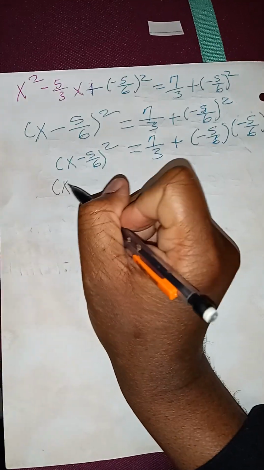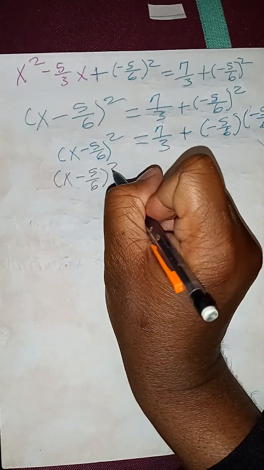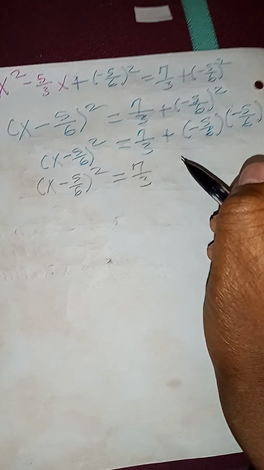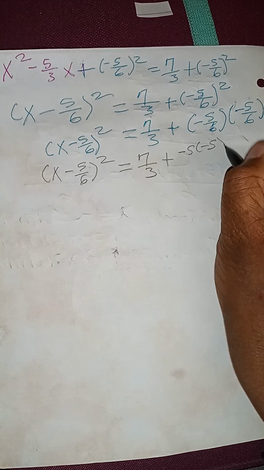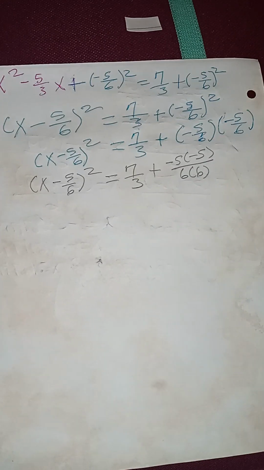So x minus 5 over 6 squared is equal to 7/3 plus negative 5 times negative 5 over 6 times 6.